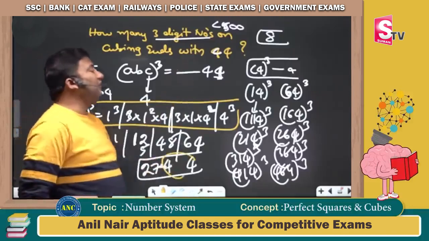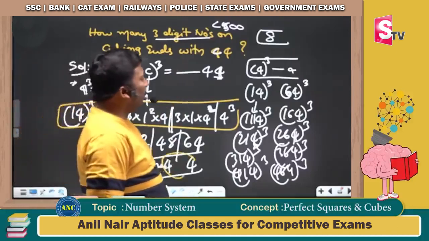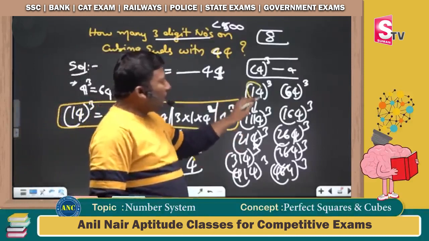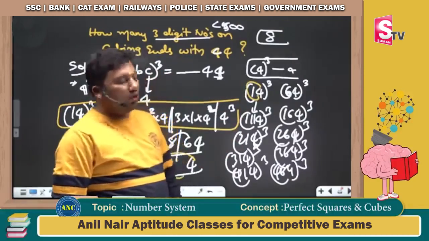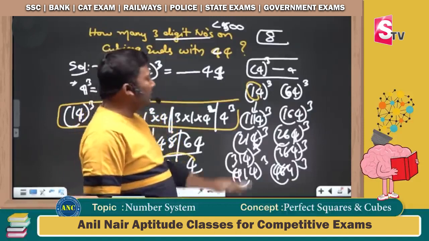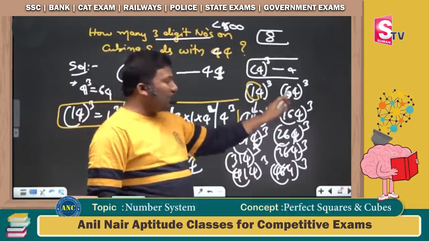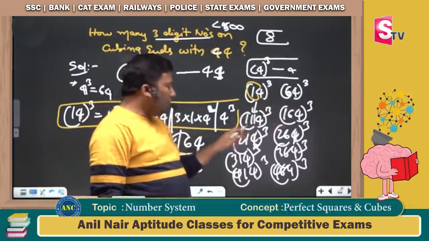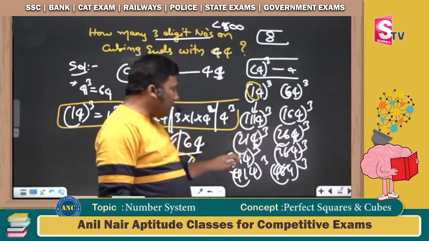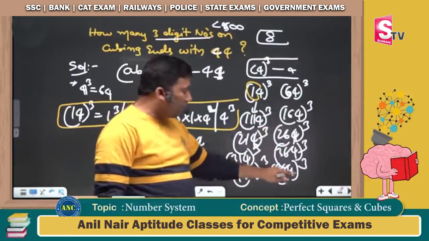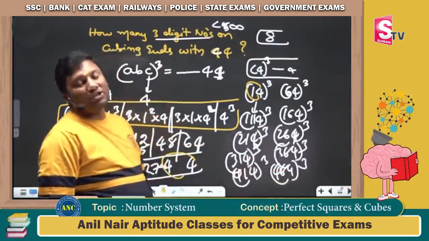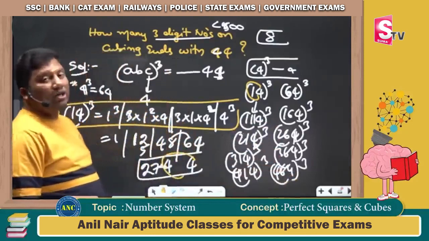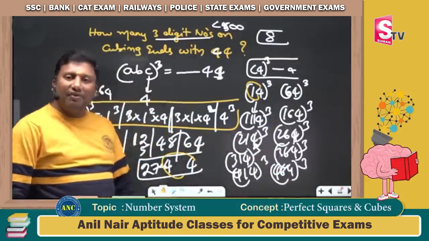I need 44 at the end. For 14 we got x cube, and for 50 plus x whole cube, the last 2 digits will be the same. 14 plus 50 is 64, 64 plus 50 is 114, and so on, adding 50 each time. I will stop at 464 cube because I want 3-digit numbers less than 500.